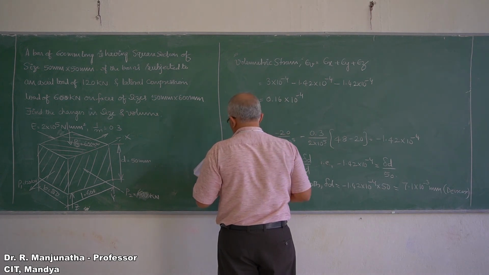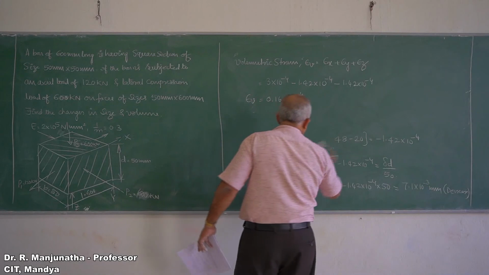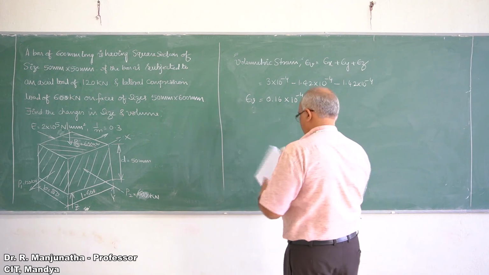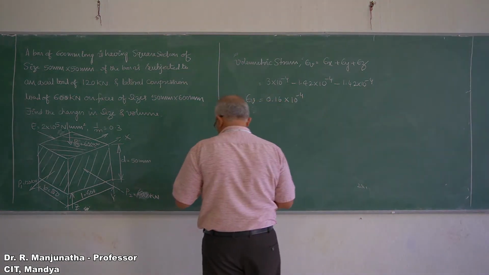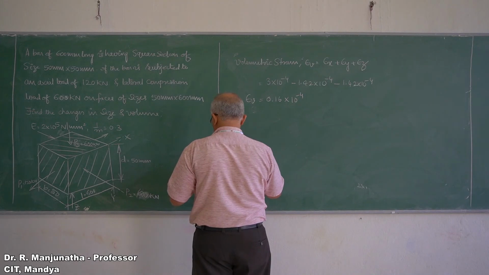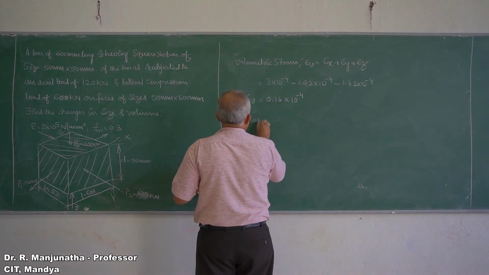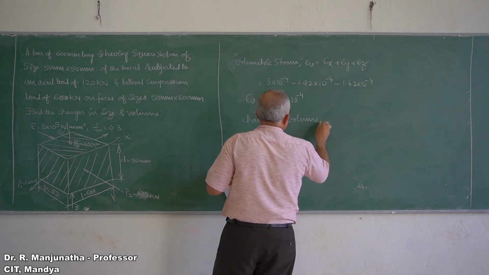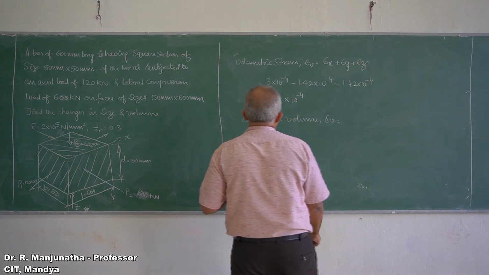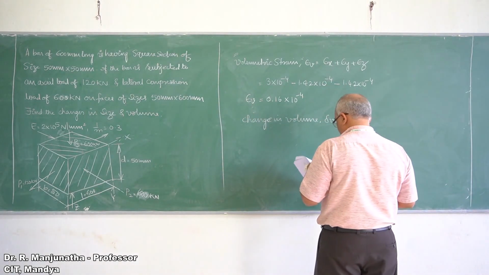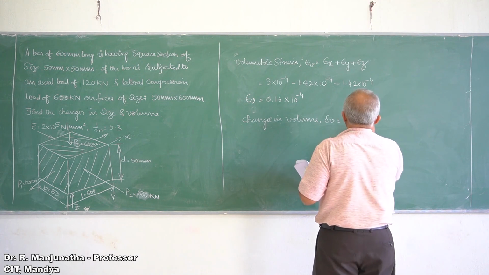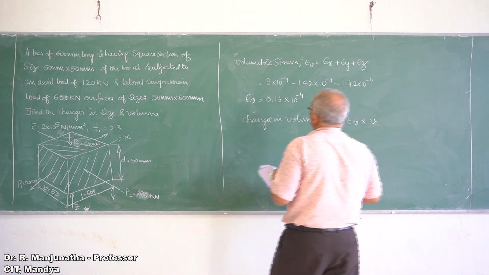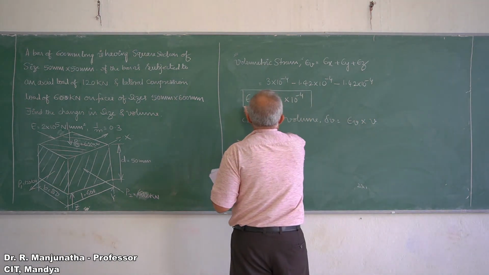Therefore the change in volume, delta V, will be equal to epsilon V into V. Epsilon V is 0.16 into 10 to the power of minus 4.